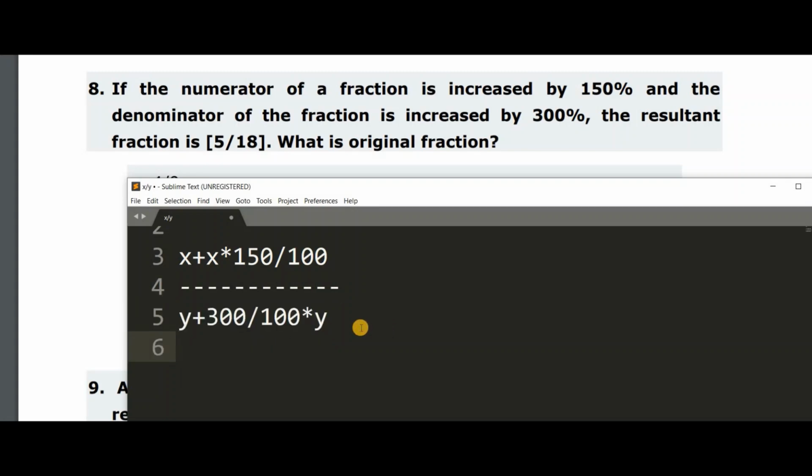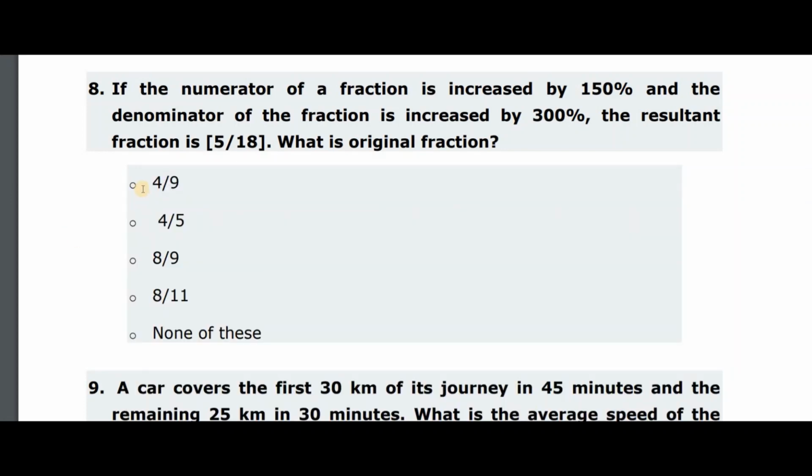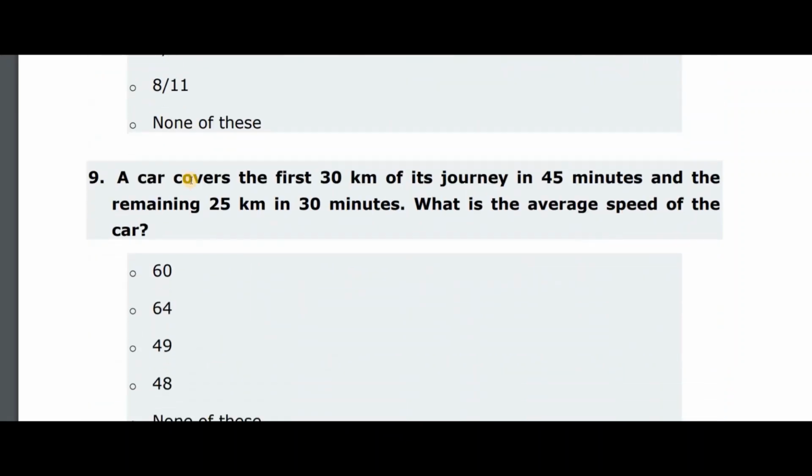So the numerator and denominator after solving will become 250x by 400y, which is equal to 5 by 18. So after solving this we will get x by y is equal to 4 by 9. So the original fraction is 4 by 9. So the answer is 4 by 9.